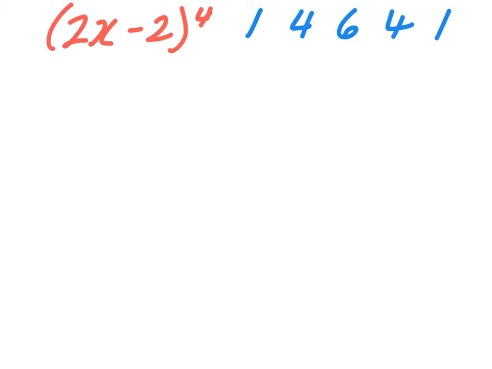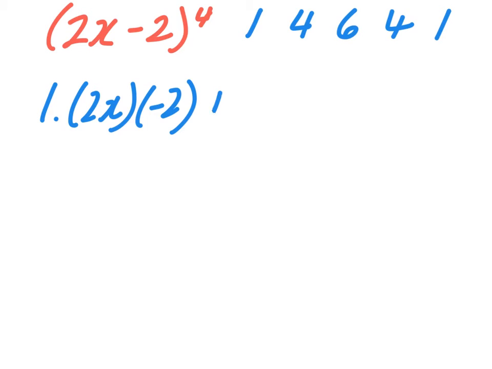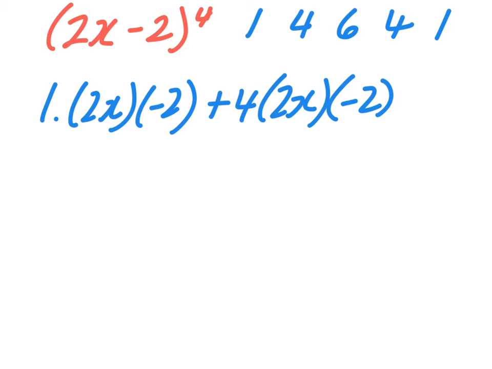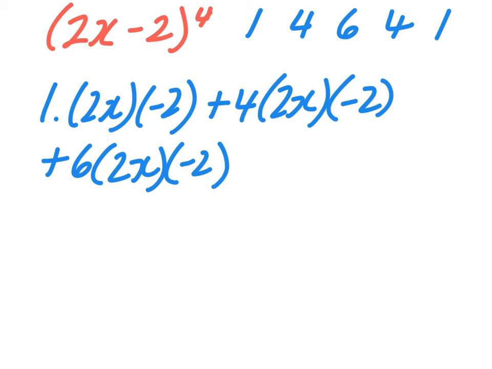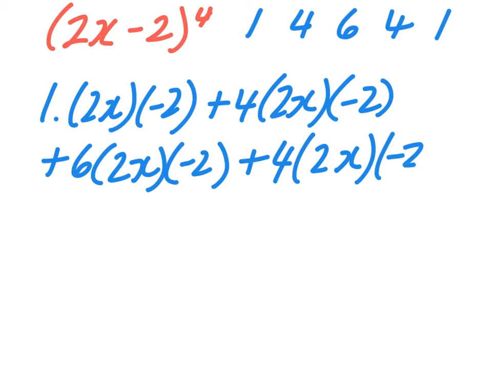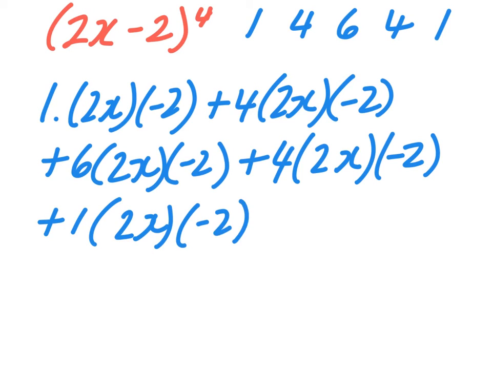So what you can write down is 1 times 2x times minus 2, plus 4 times 2x times minus 2, plus 6 times 2x times minus 2, plus again 4 times 2x times minus 2, and then plus 1 times 2x times minus 2. Okay, now that's long.